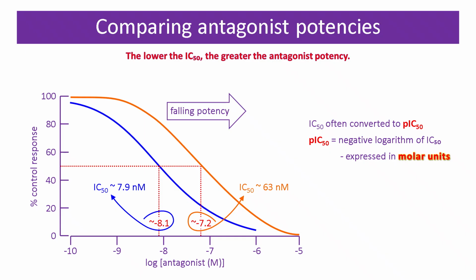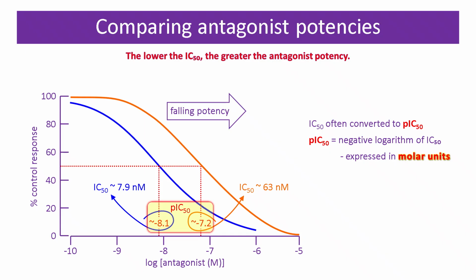In this case, because the graph is plotted on a logarithmic molar scale, the x-axis values at 50% inhibition correspond directly to the pIC₅₀ values. The transformation to pIC₅₀ makes it easier to compare concentrations that span several orders of magnitude.